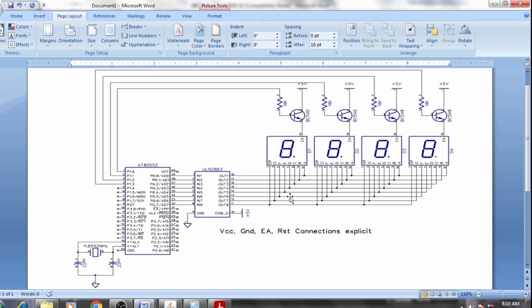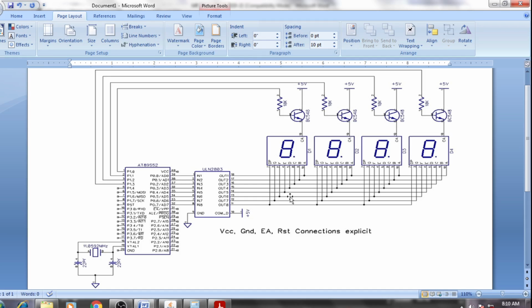Now in this circuit it is connected with the VCC, and some designers may connect the transistor with the ground of the 7 segment. No problem, there is no issue, both circuitries are the same. The major intention of connecting this transistor is just to turn on or turn off the 7 segment.